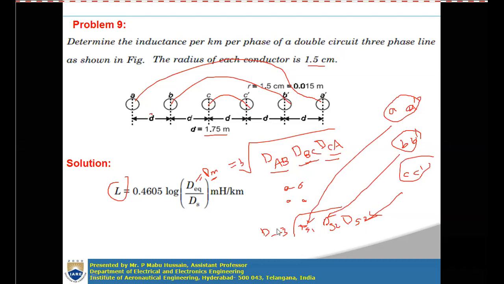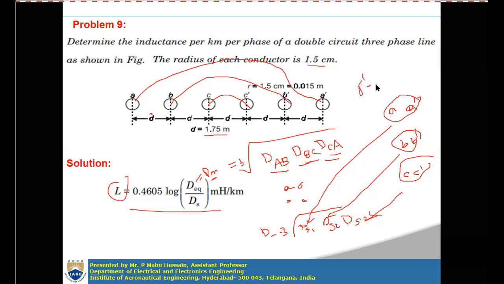You will get the DM value and the DS value. Now, if you substitute in this formula, you will get the inductance of this problem. It is very simple, right? You know how to calculate DS1, right? DS1 is equal to the fourth root of all the self distances DAA, DAA dash, DA dash A, DA dash A dash. DAA and A dash A dash are the self distances, which are nothing but R dash.